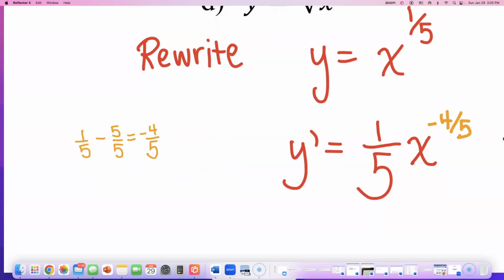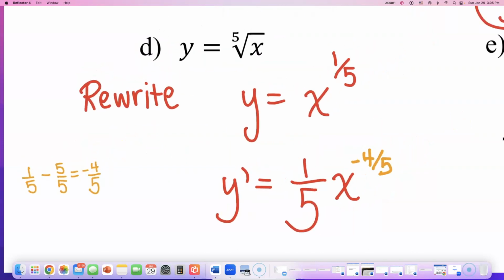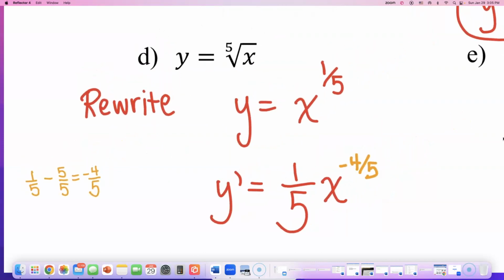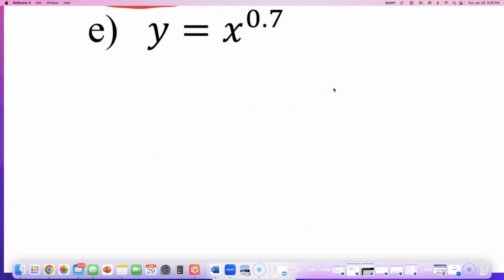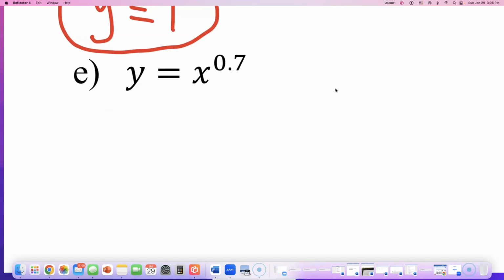So this one was a little bit tricky. Whenever you have a root expression, rewrite it so that it's in exponent form, and you apply the power rule the same way. But you may have to subtract some fractions in case the exponent is a fraction, okay? All right, let's do this one. Bring down that original exponent of 0.7 to the front.